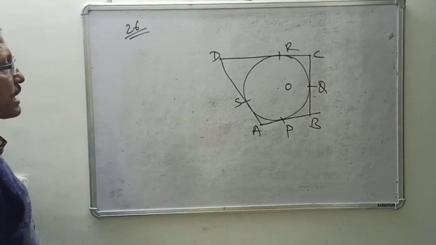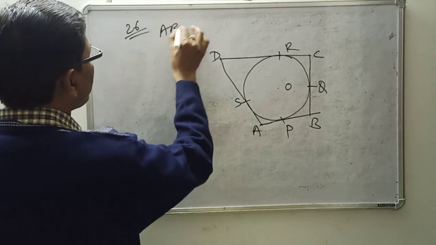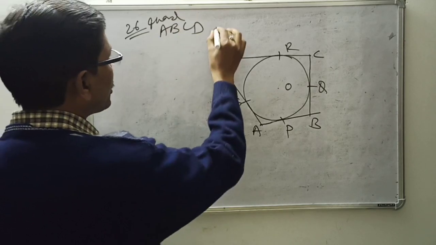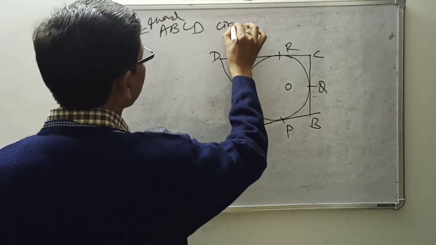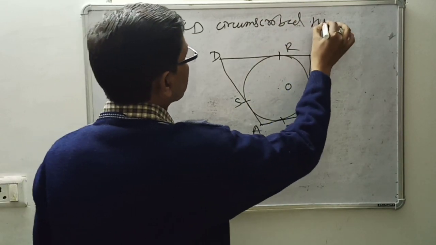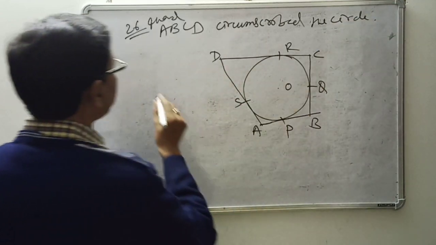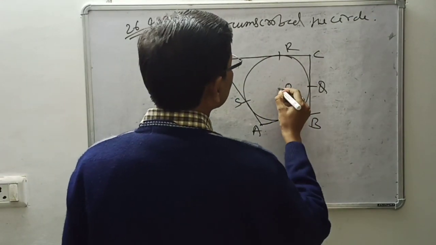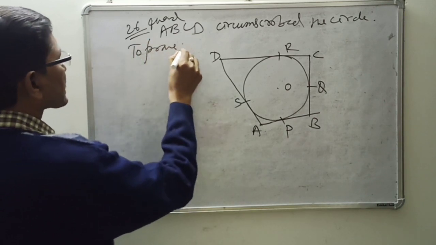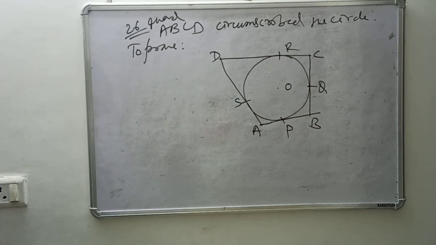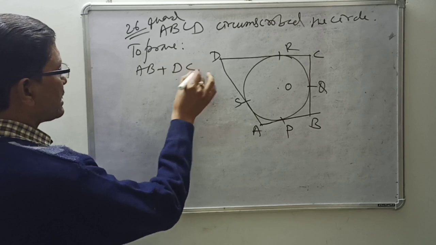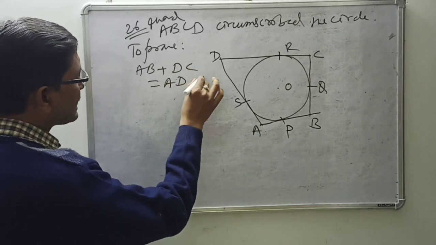That's the quadrilateral ABCD circumscribing the circle with center O. Then we have to prove that the sum of the opposite sides are equal. That means to prove what? AB plus DC is equal to AD plus BC.